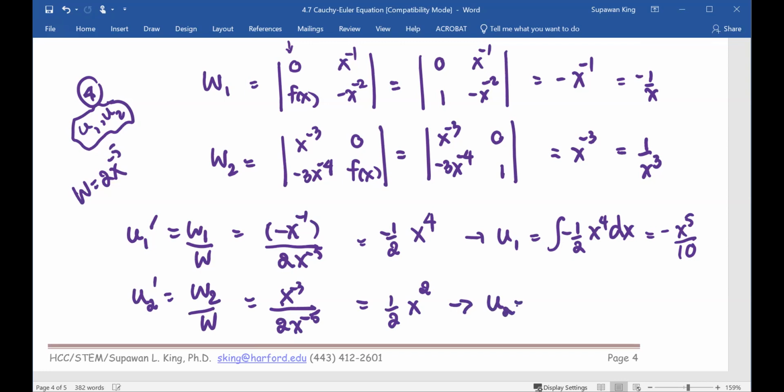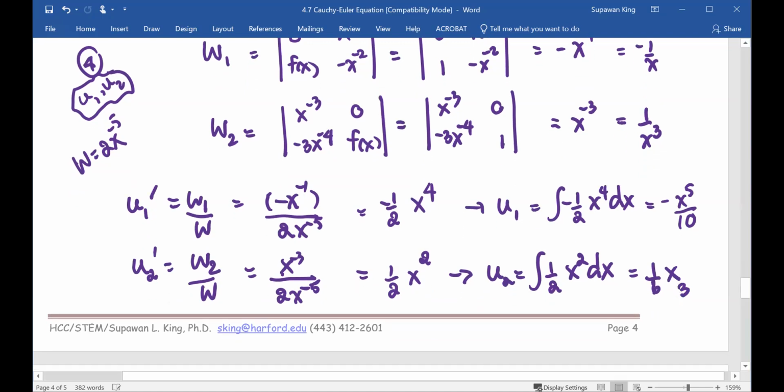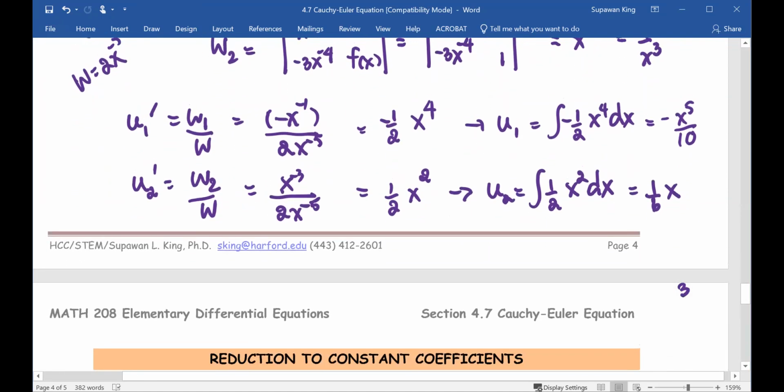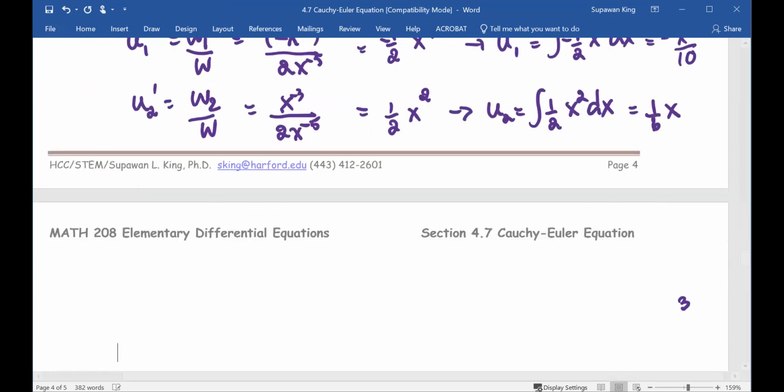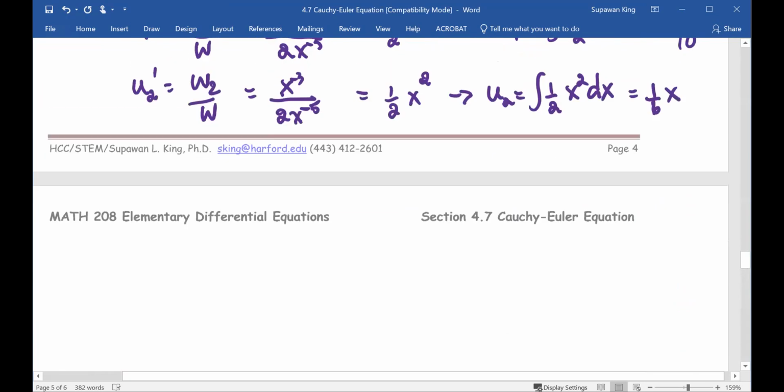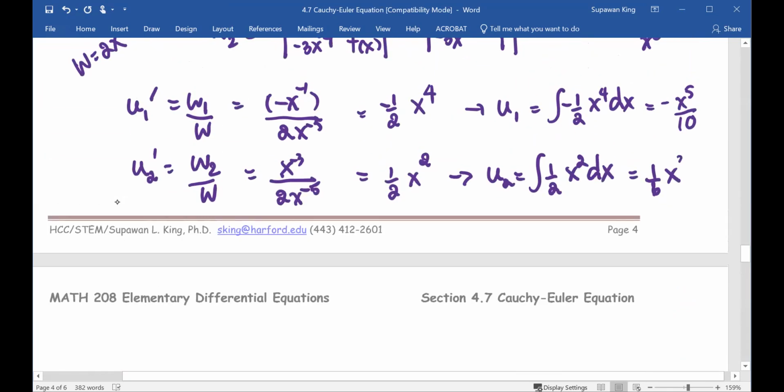Then the U2 is the antiderivative of 1/2 x to the second with respect to x, or 1 over 2 times 3, or 1 over 6 x to the third power. So this is x to the third.